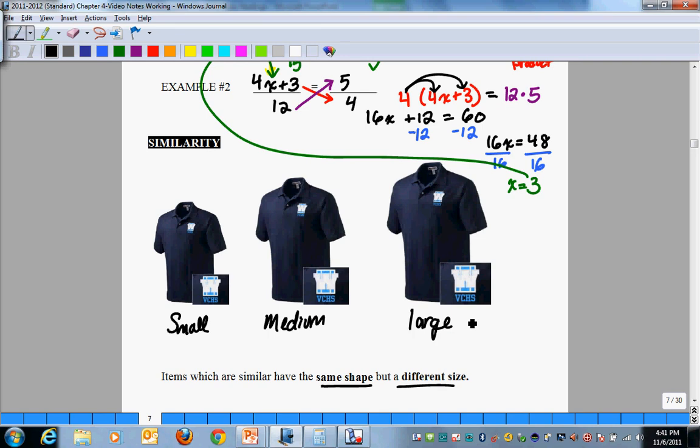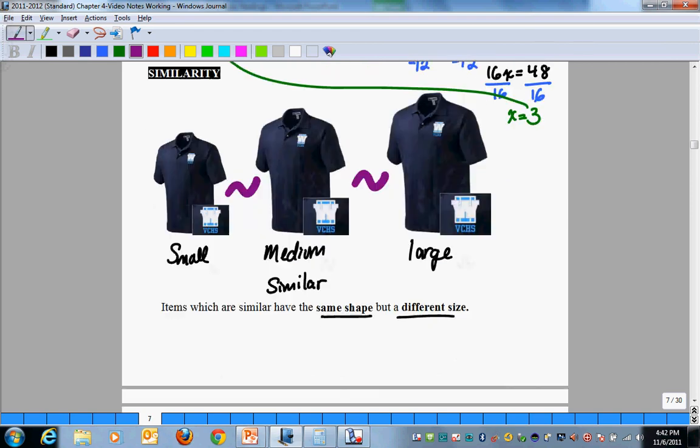It's the same shape item, just a different size. We would call all 3 of these polos similar. And the symbol we would use for similar is this symbol right here. Similar means same shape, but a different size.